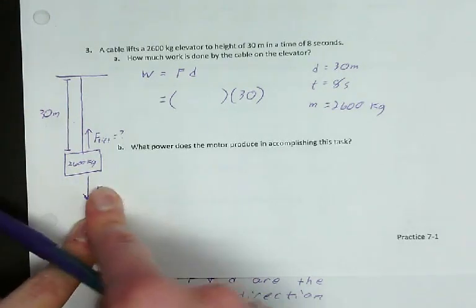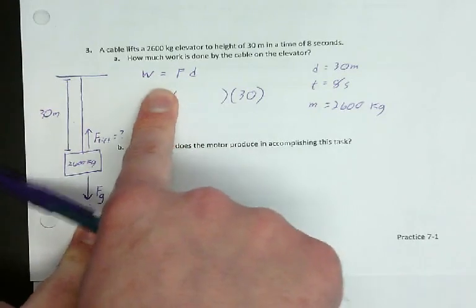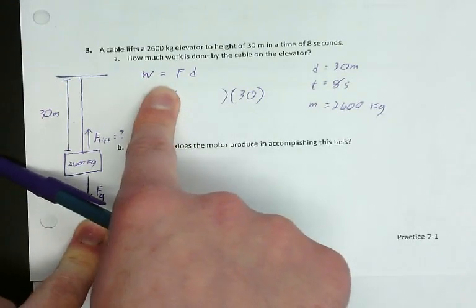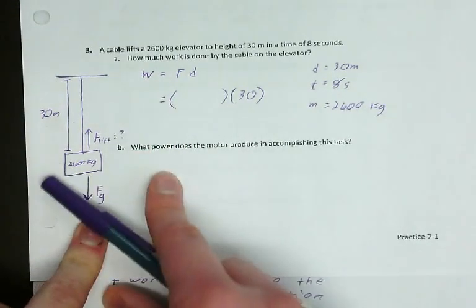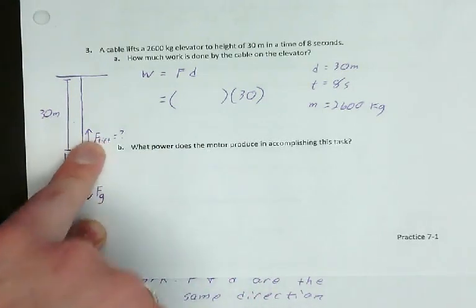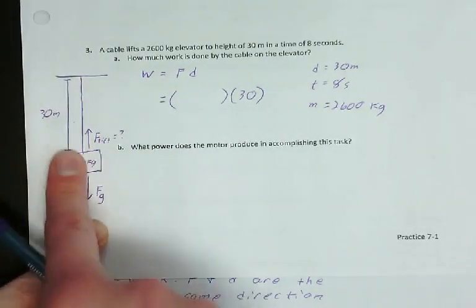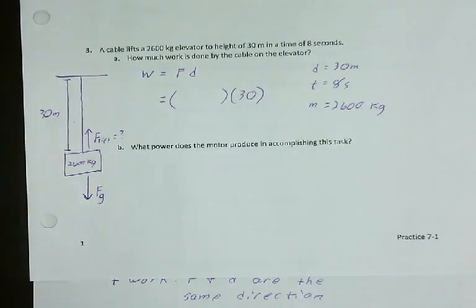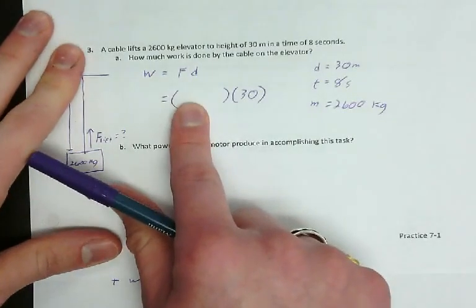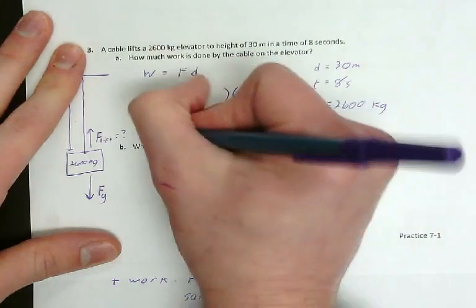So if we were looking for the work gravity does, we would get a negative answer. But we're not going to get a negative answer because we're looking for the work that the lift, that the cable does. Okay? So the equation we're going to plug in here is mg.